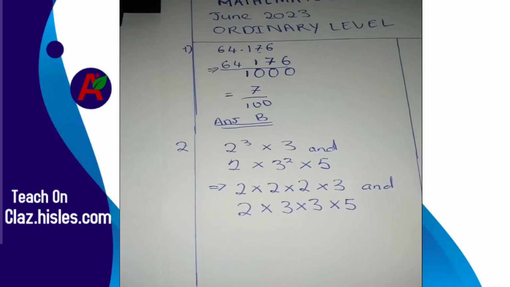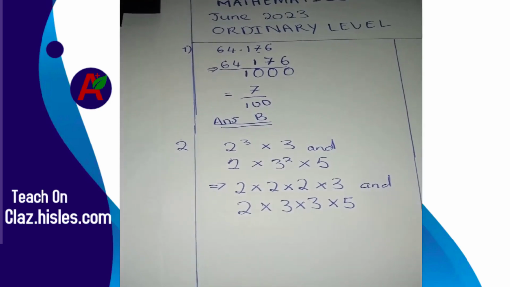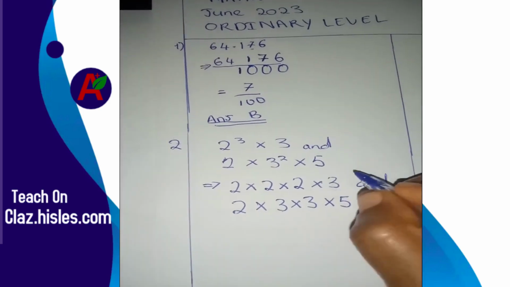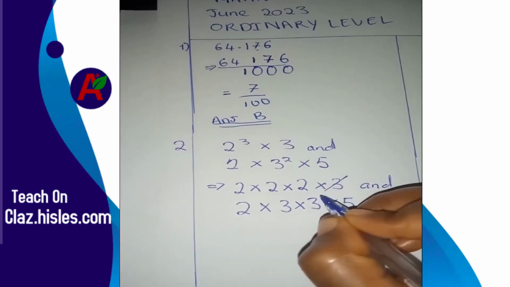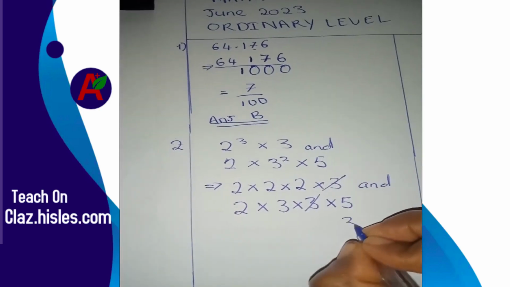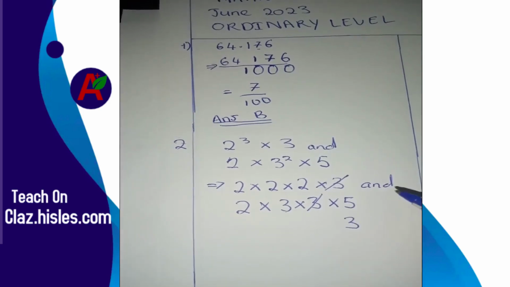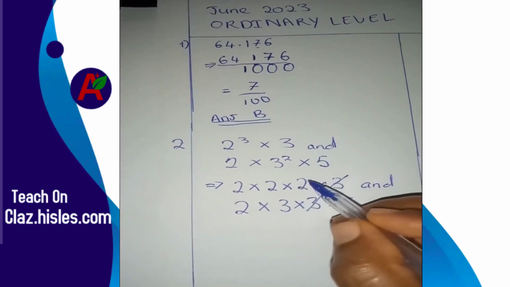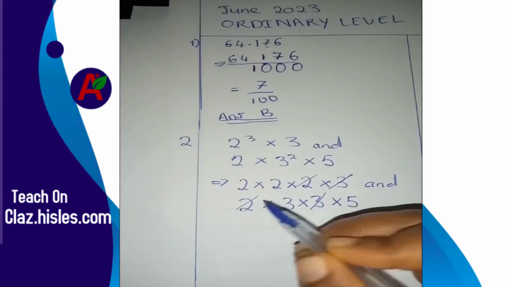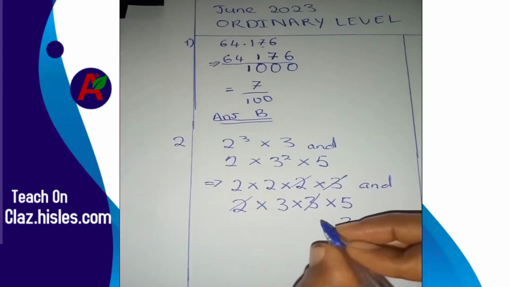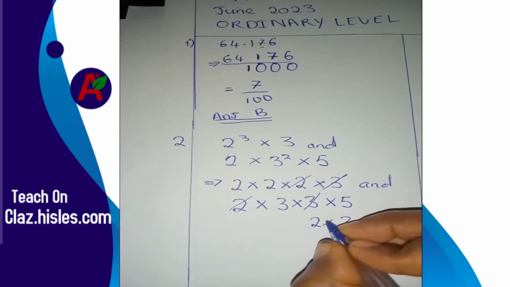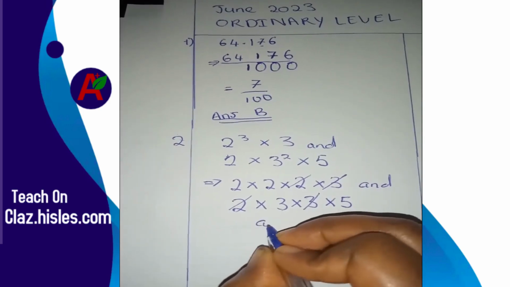So what is the highest common factor? What is common between them? We have 3 here and 3 here, so 3 to the power 1 is common, and we have 2 and 2, so 2 is also common.